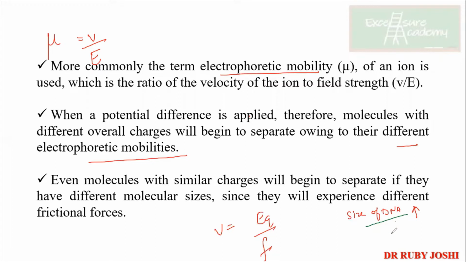Just imagine, let us take an anaconda. Tanvi is dragging the anaconda and Shruti is carrying a small snake. For whom will it be easy? Carrying the small snake will be easier, right, rather than carrying the anaconda. So the bigger your size, the more friction there will be. So what will happen? If your denominator is high, what will happen to your velocity?